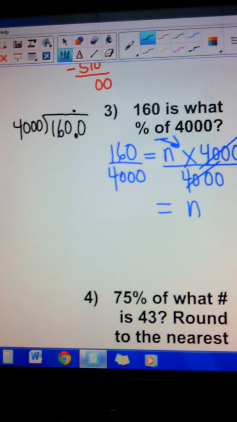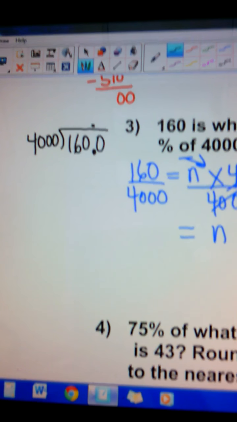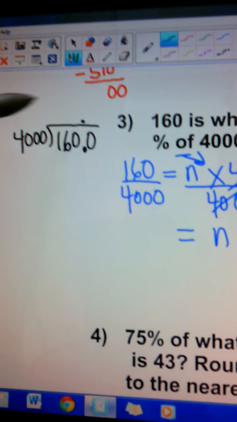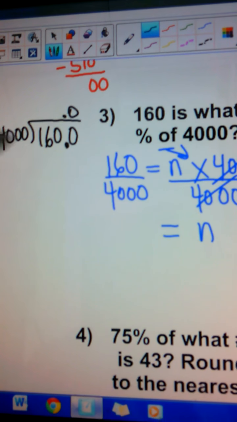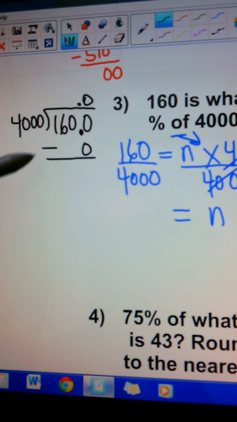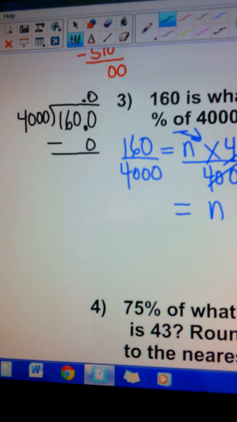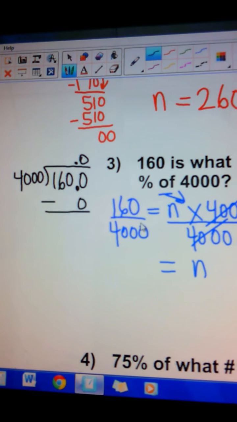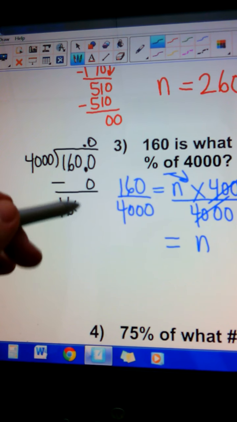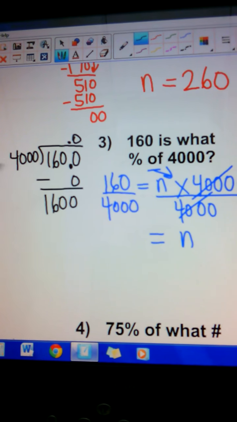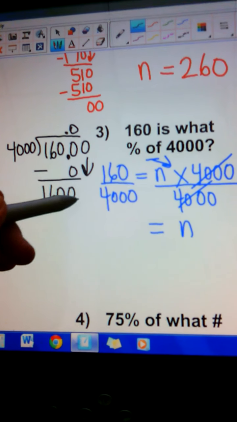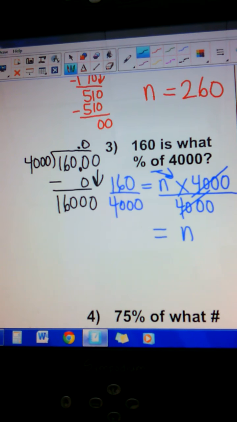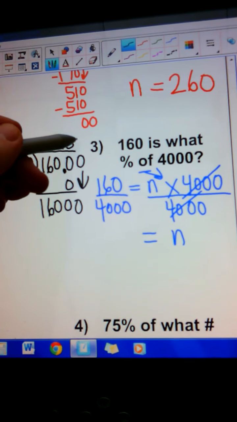Notice I added a decimal point and a 0 to start dividing. So this will go 0 times. And let's add another 0 and bring it down. And last, 4,000 can go into 16,000 4 times.